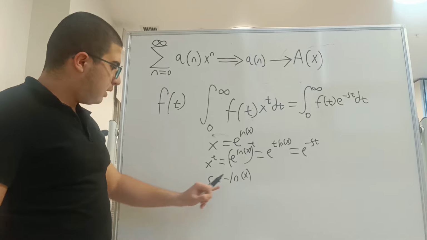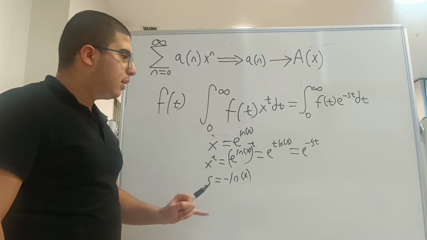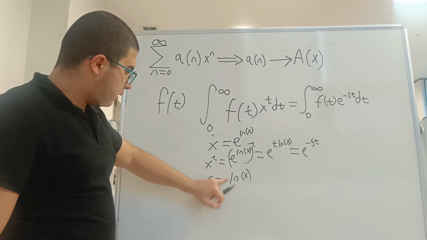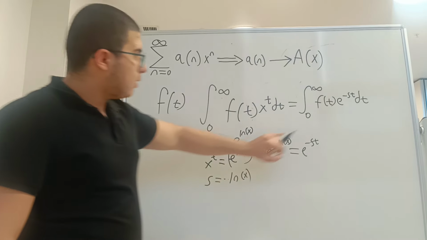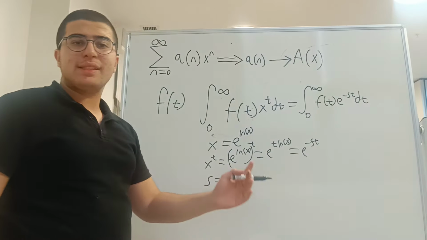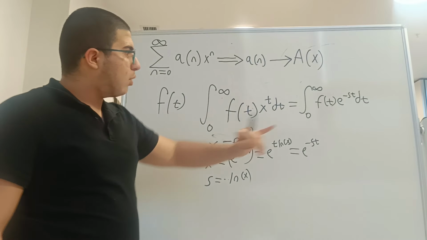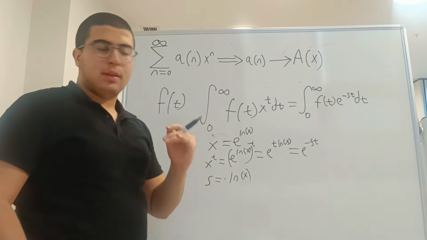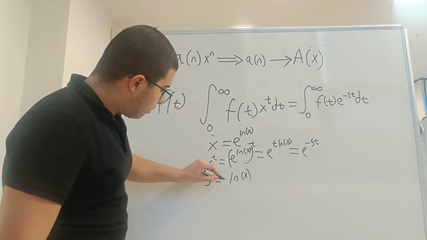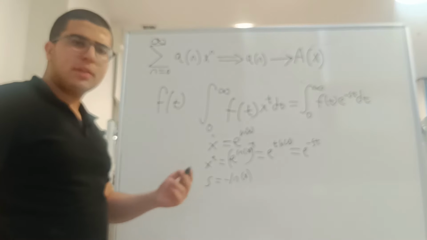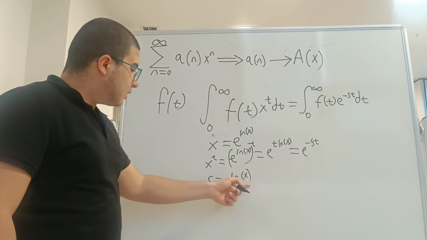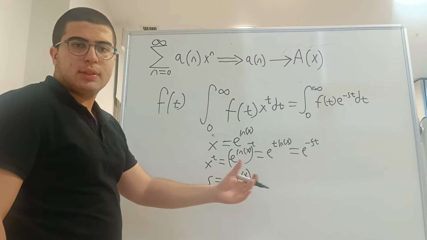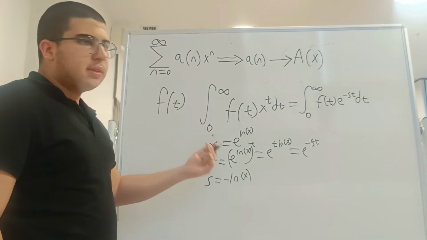And the reason why I wrote minus ln x instead of ln x: if I said this is equal to ln x, this would be just st, and then s needed to be negative for this integral to converge. I don't want to deal with a negative output, so I said that s is equal to negative ln x. And you can deduce that ln x will be negative by itself, because x here should be in between minus 1 and 1.